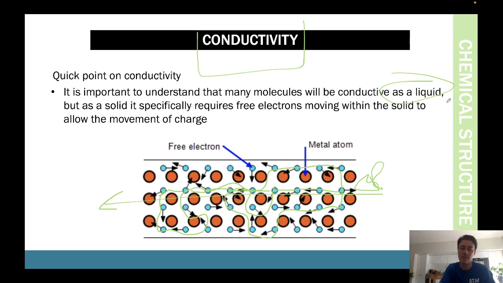And those ions are free moving because they're in a liquid. If something's in a liquid, they're not locked in. They can move around. So a lot of the time, substances as a solid that don't conduct, when you make them into a liquid, may actually conduct if they have ions. So it's really important to understand that difference. Understand that conductivity is all about free moving electrons.